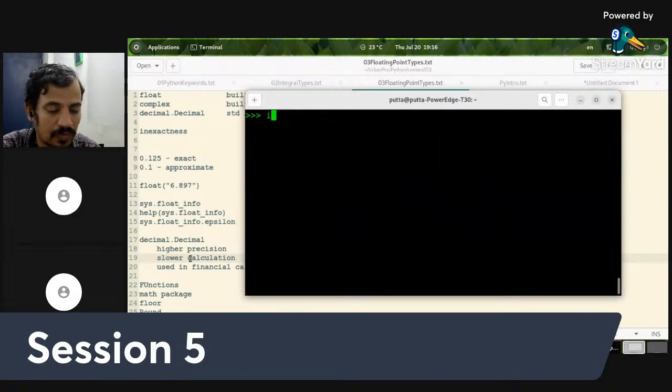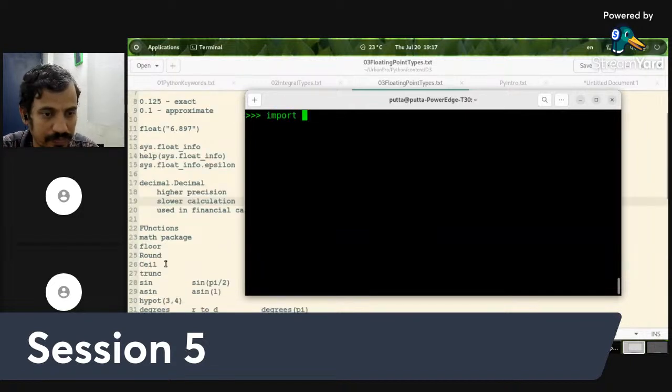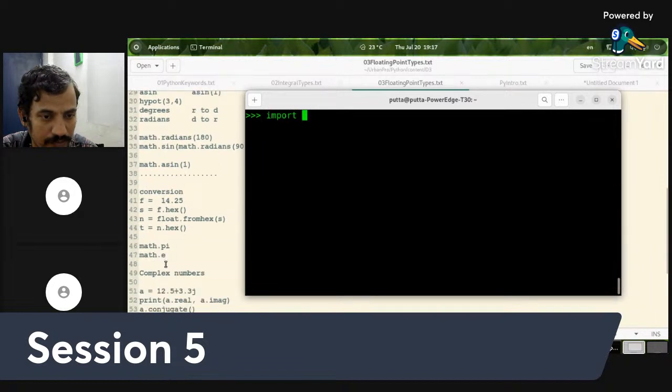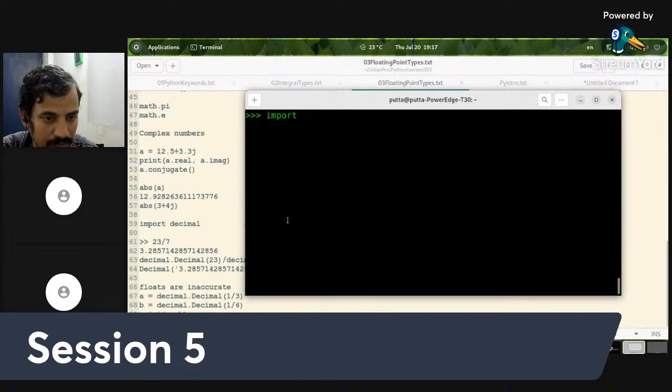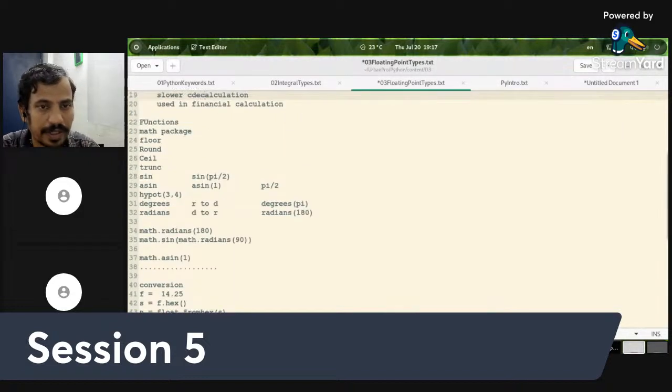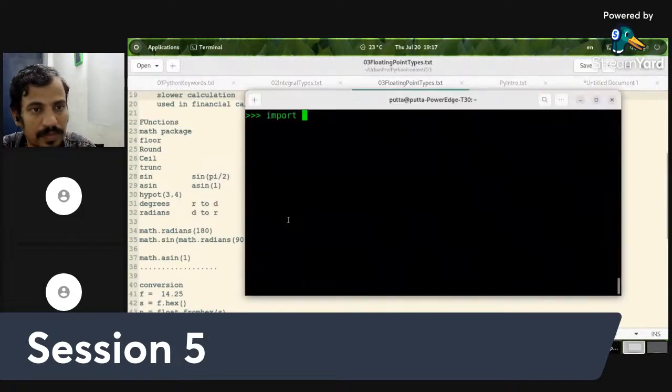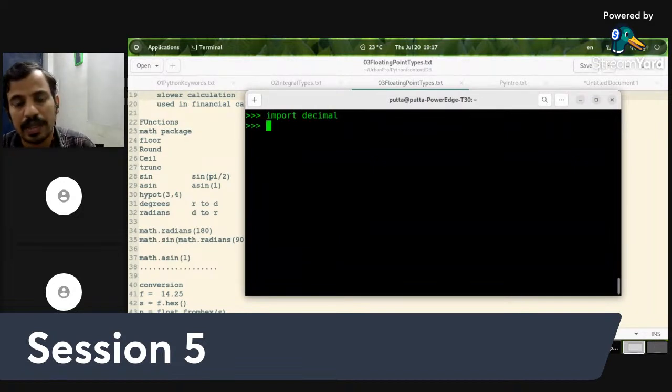For float, you don't need to import anything, it is available by default. But decimal is not the case, so you have to say import decimal.